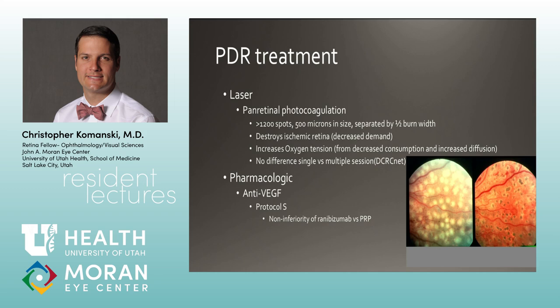So this diffuse microangiopathy that's preventing blood from coming to the retina, by sacrificing the large real estate of the peripheral retina, you can hopefully continue to perfuse the macula and decrease that secretion of inflammatory signals, one of which is VEGF. So that increases the oxygen tension in the eye from decreased consumption and increased perfusion.